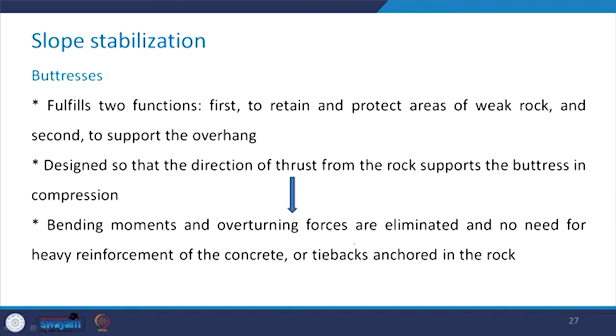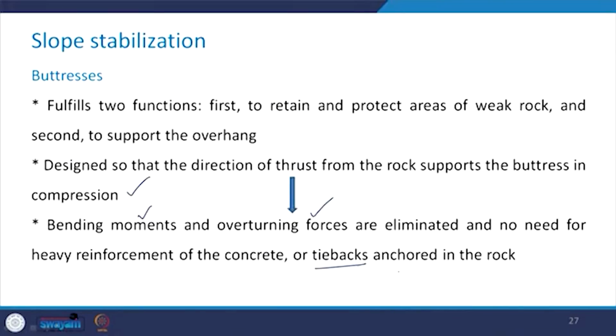These are designed so that the direction of the thrust from the rock supports the buttress in compression. What happens because of that? Bending moments and overturning forces are eliminated, and there is no need for heavy reinforcement of the concrete and tie backs anchored in the rock.